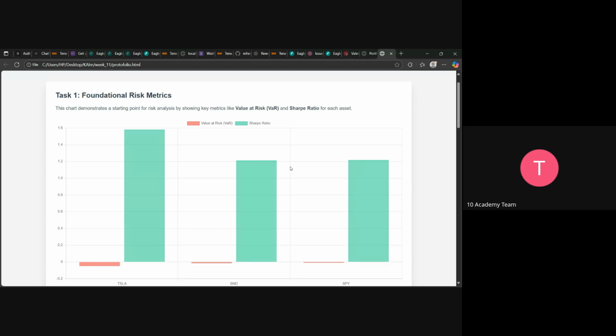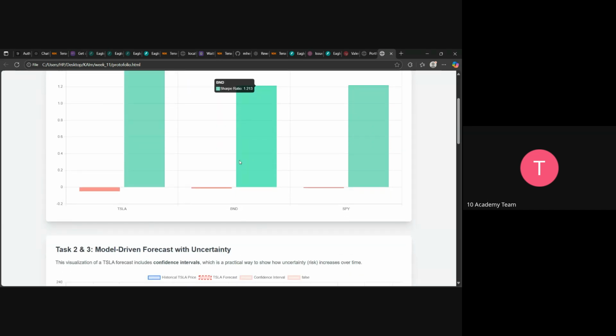As we mentioned earlier, the higher the Sharpe ratio, the greater the return you get for the risk you take. Here the Sharpe ratio of Tesla is large, which is 1.582, and this one is 1.2, and this is 1.18. So a larger Sharpe ratio is not about the risk, but it tells us that for the risks we take, there is a high return, which is also a good thing.